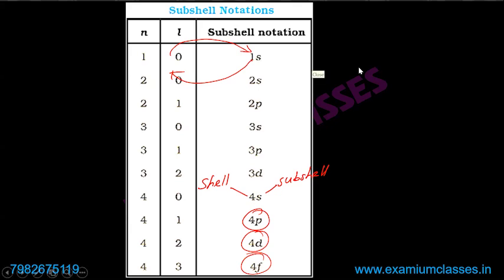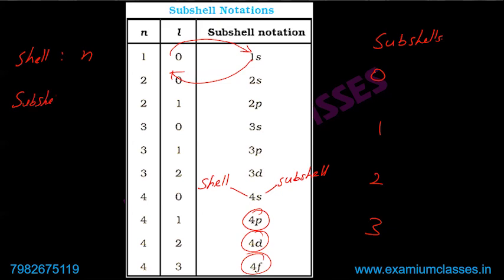Devyansh, s, p, d, f are the subshells, as I said earlier also. Subshells are 0, 1, 2, 3. You remember when I said that for shell n, subshells will be from 0 to n minus 1.